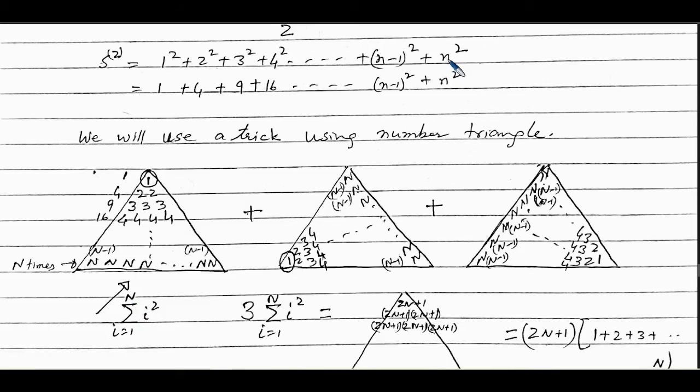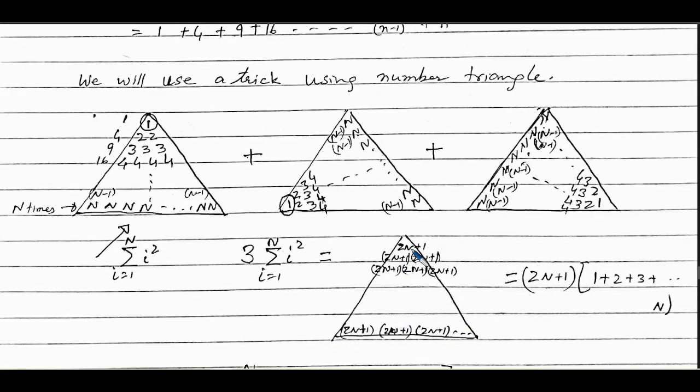Here I have written small n, here capital N, so you can write small n. So there are how many of them? 3 of them, 1, 2, 3. So I write 3 of this summation, capital sigma, i equal to 1 to n, i square. This is equal to this triangle plus this triangle plus this triangle, three summations. So this is the one result.